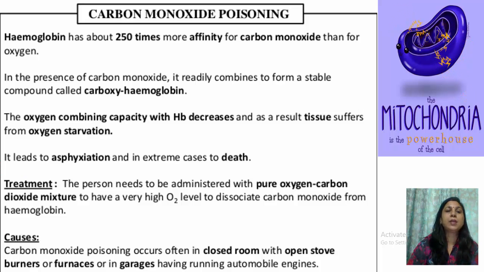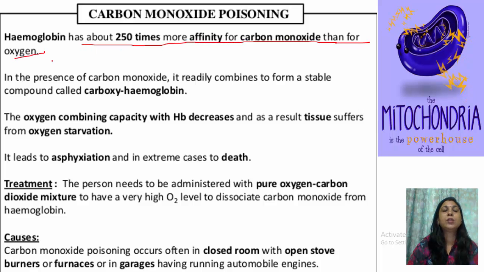Carbon monoxide is a gas, CO, and hemoglobin has about 250 times more affinity for carbon monoxide than for oxygen. We know that hemoglobin combines with the oxygen which is exchanged in the alveoli of the lungs. When the oxygen reaches the blood, it combines with the hemoglobin to form oxyhemoglobin.